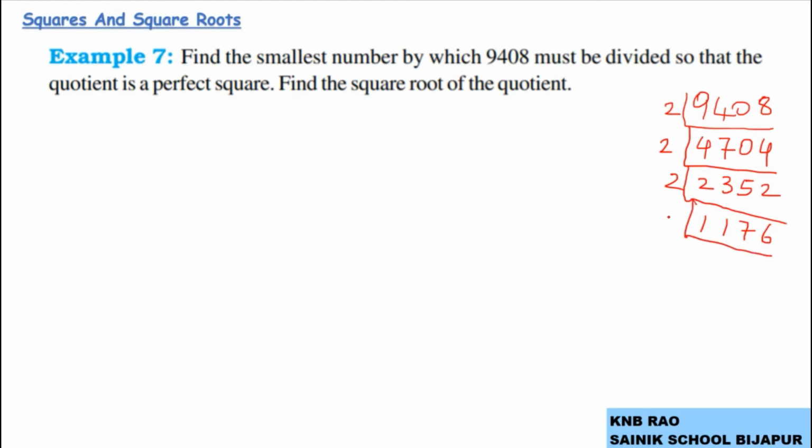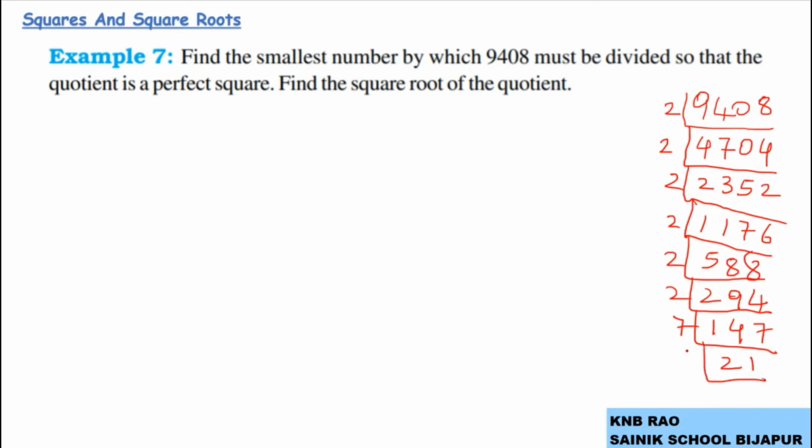Next 2 5s are 10, 2 8s are 16, 2 2s are 4, 2 9s are 18, 2 4s are 8, 2 1s are 2, 2 4s are 8, 2 7s are 14, 7 2s are 14, 7 1s are 7, 7 3s are 21.